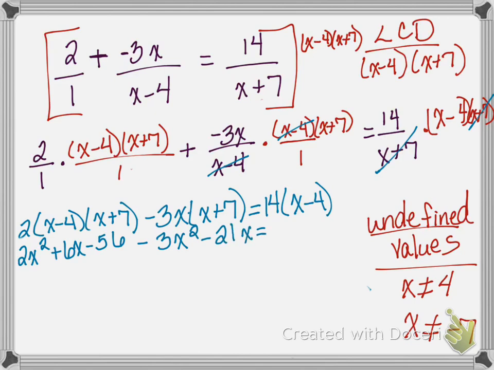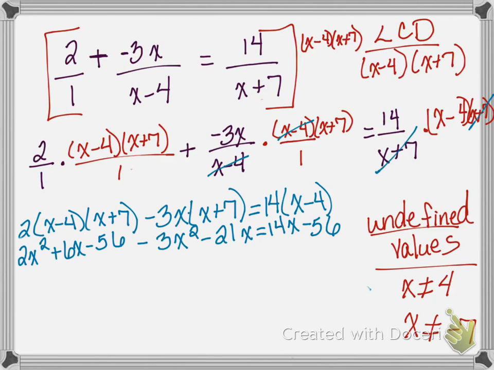Then on the right-hand side, I have 14 times x. And I have 14 times negative 4. 14 times negative 4 is going to be negative 56. Now this looks a little bit ugly, but it's going to clean up nicely.